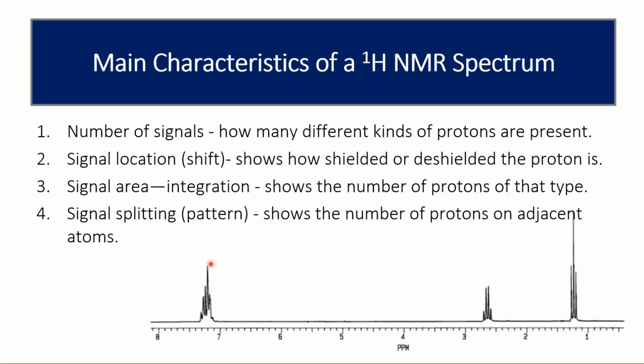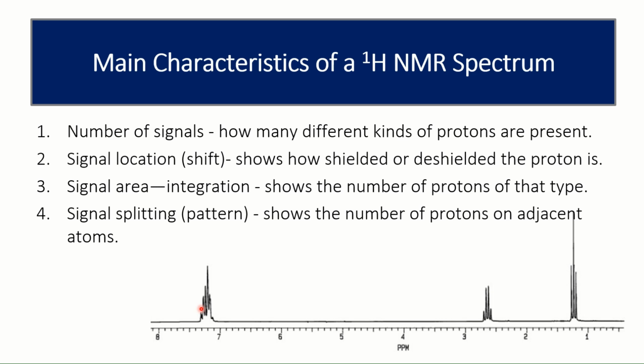The signal ratio, we can't tell at the present moment, but the signal ratio or signal area is called the integration, and it shows the number of protons of that type that we have. So underneath this will be a certain area that will tell us the number of protons we have. And of course the spin, the signal splitting or spin coupling.